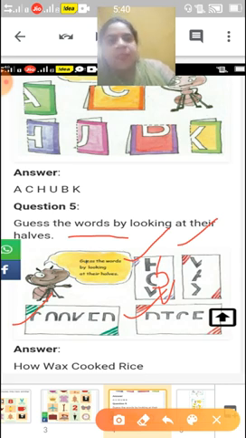Okay children, like this you have to complete your words and then you have to frame a sentence like this. Okay children, understood? Okay.